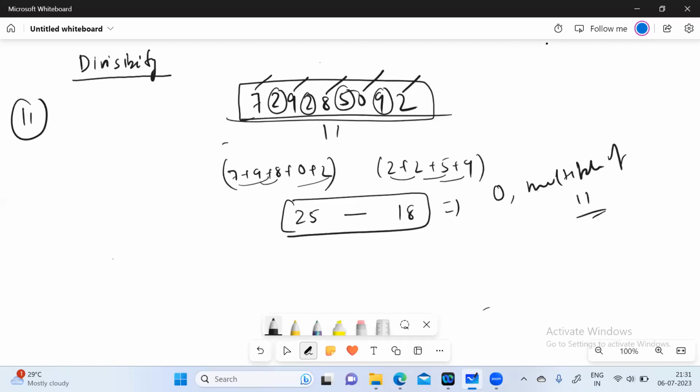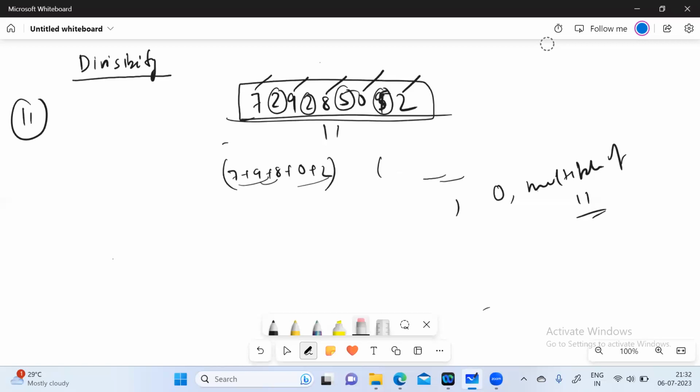So let's change the number a bit. Let's change the number here by 5. So let's write down the number again, the numbers at the odd places and the even places.